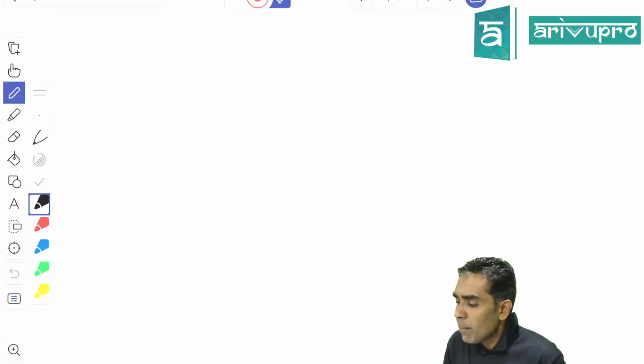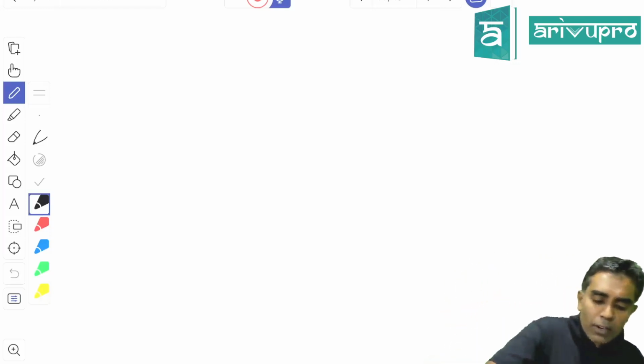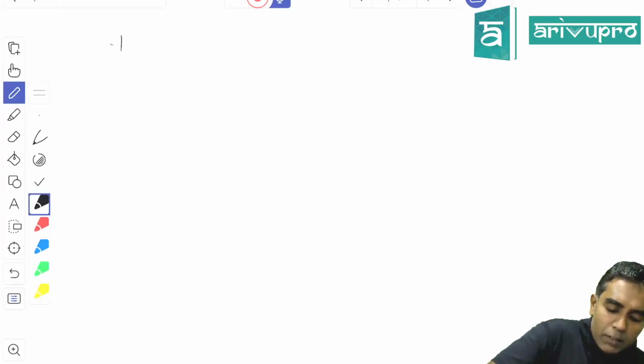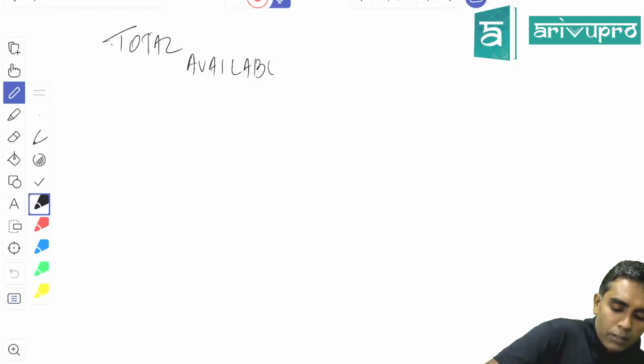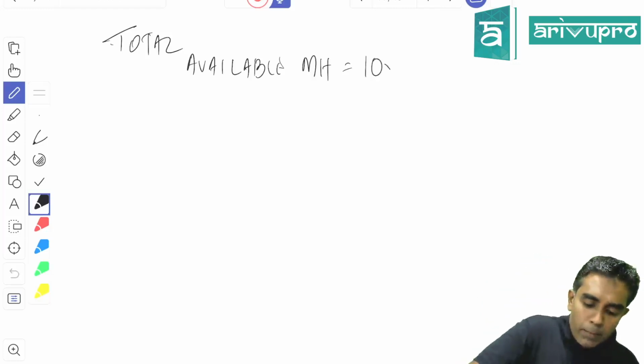Due to the limited number of machines available, there are 10 machines and each machine can be used for how many hours per week? 40 hours per week. Therefore, total available machine hours: 10 times 40, 400 hours. Correct?